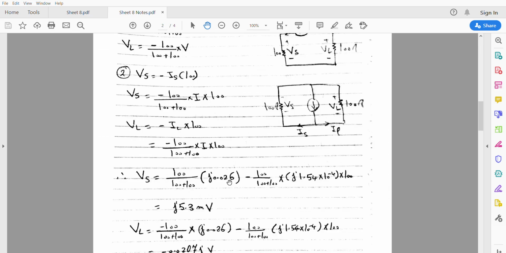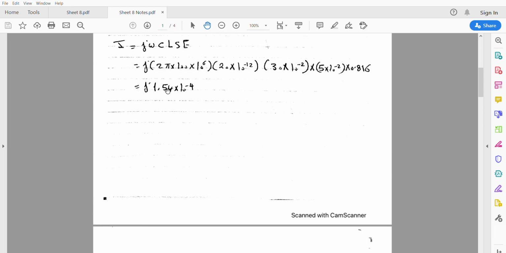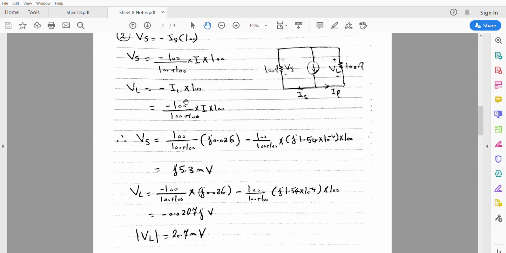I plugged it in here, and then minus 100 over 100 plus 100 multiplied by I, in which the value of I is equal to 1.54 multiplied by 10 power negative 4, and I plugged it in here. So finally I get the induced voltage at the source, which is equal to j5.3 millivolt.